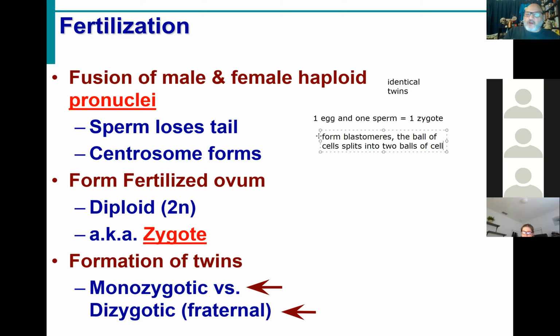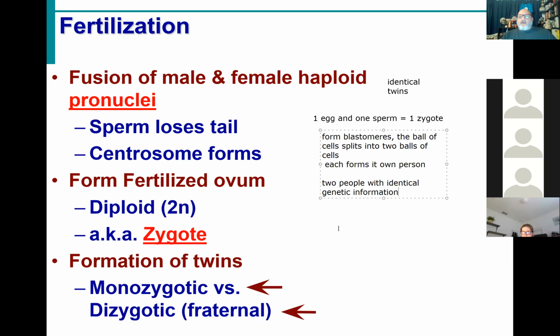And each of those balls of cells forms its own person. So you have two people with identical genetic information. Right?